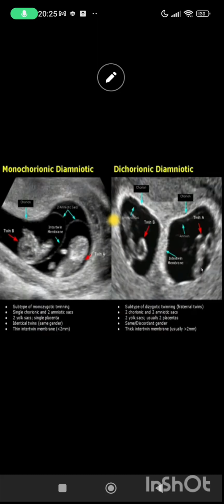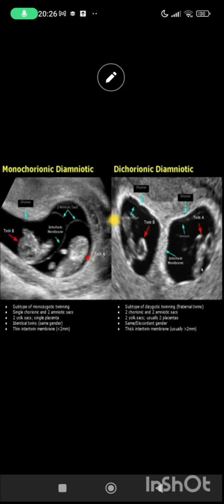But in dichorionic diamniotic, there are two different gestational sacs, two different amnions, two different placentas, and a thick dividing membrane that is above 2 mm.